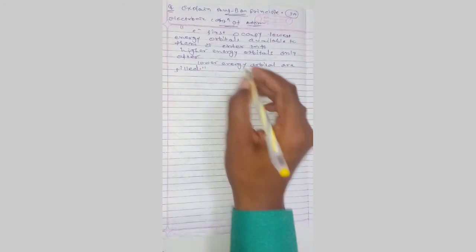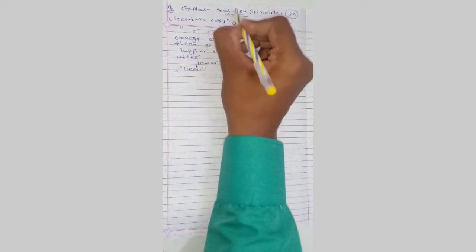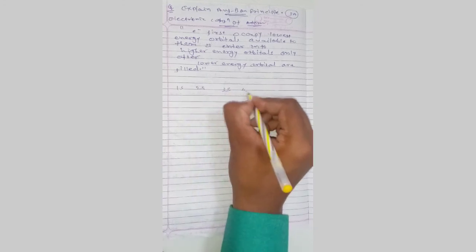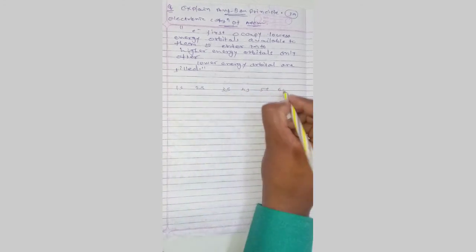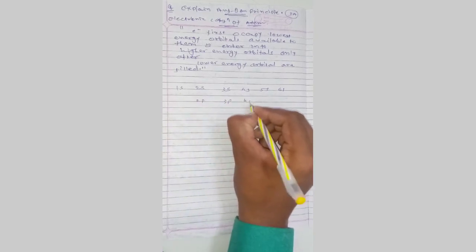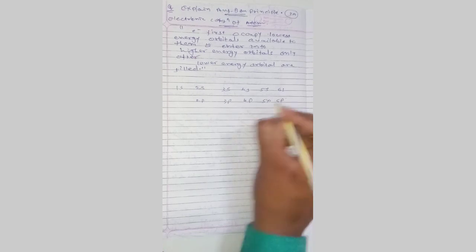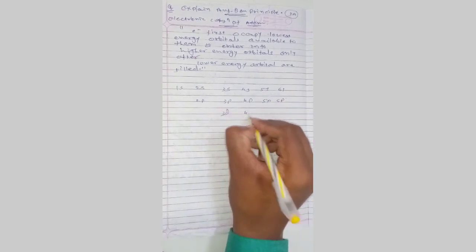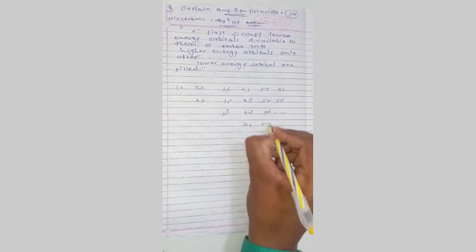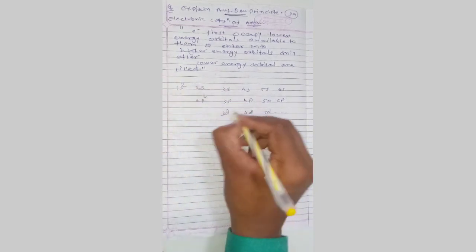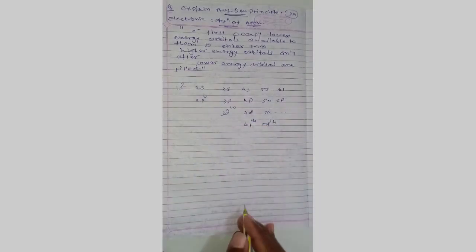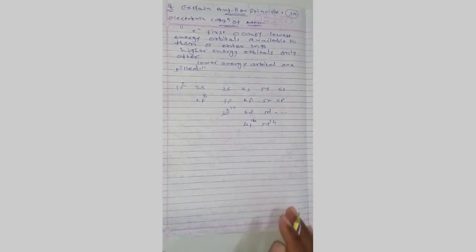Okay, so please remember this pattern: 1s, 2s, 3s, 4s, 5s, 6s, 2p, 3p, 4p, 5p, 6p, 3d, 4d, 5d, and so on, and here 4f, 5f. Okay, 14 and 14. Next time we will discuss another topic.